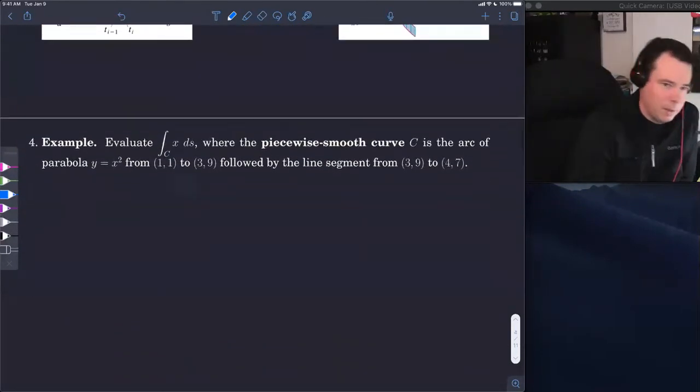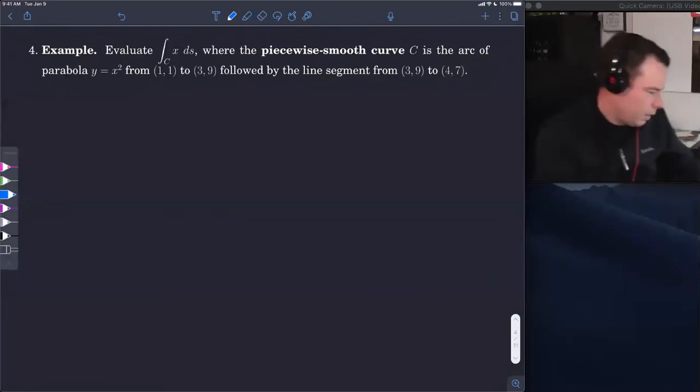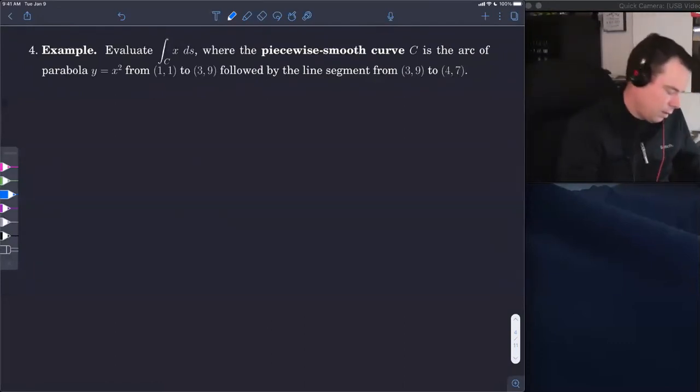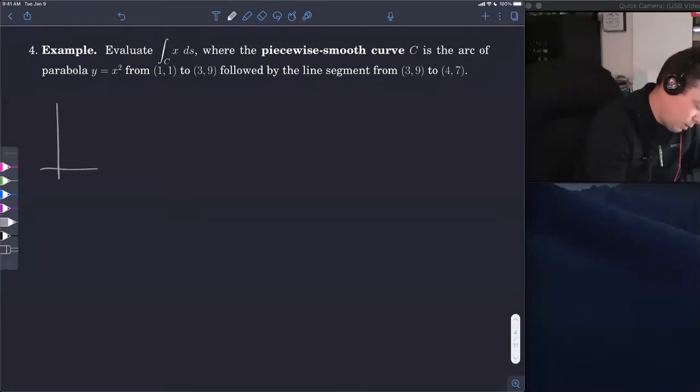So let's go ahead and do an example. We're going to evaluate this integral, the integral of the scalar function x with respect to arc length, where C is this arc of the parabola followed by a line segment. So let's get our sketch for C. It's the arc of the parabola from (1, 1) to (3, 9).